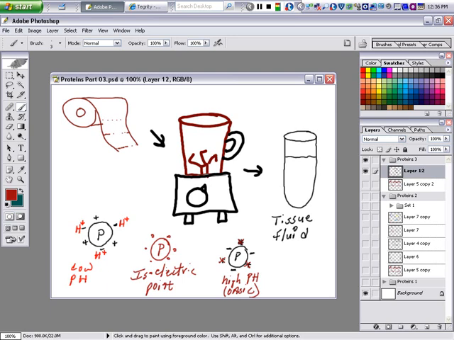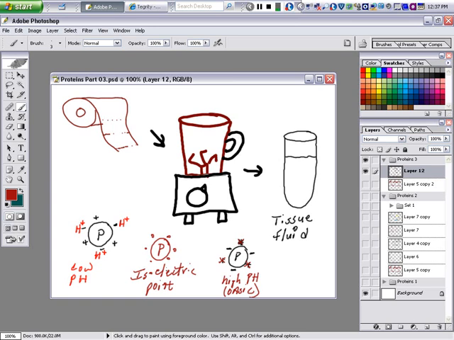And so if it doesn't have a charge, it's not going to be able to dissolve in water that well. Those proteins will start to clump together and they'll precipitate out of solution. It has charges in different places, but the overall charge is 0. Its net charge is 0.